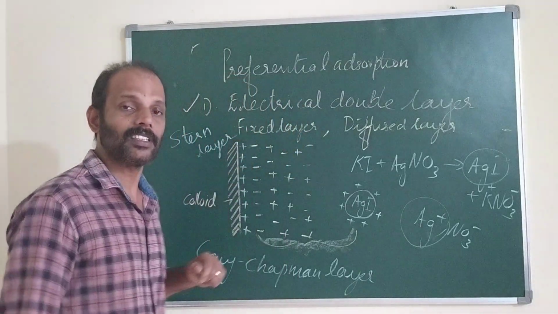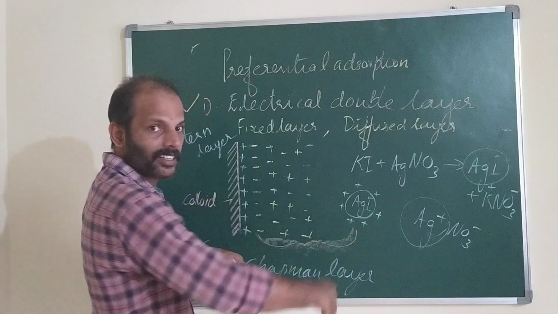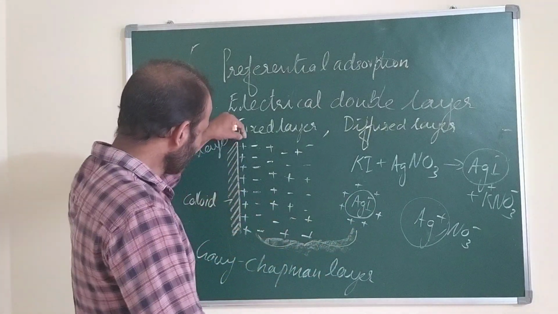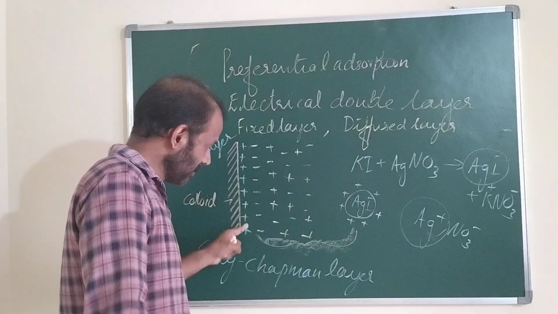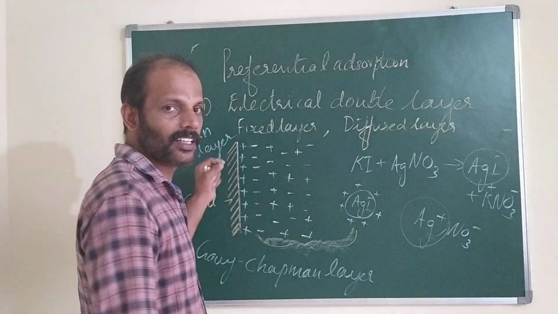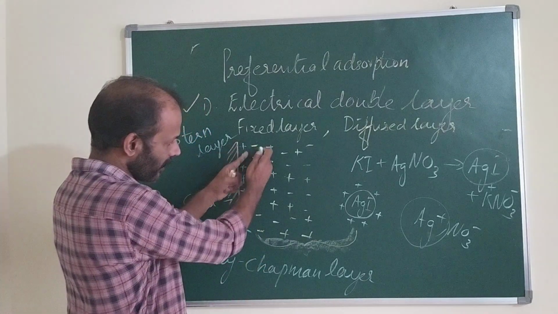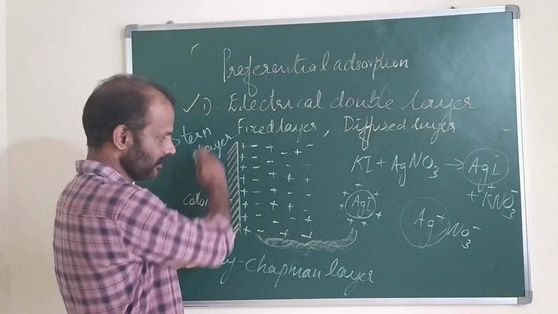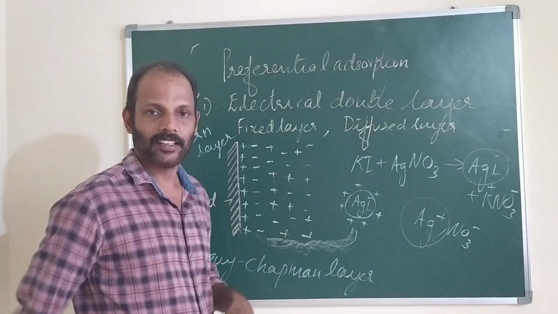We are very familiar with the Gouy-Chapman layer, that is, the diffuse layer. And the layer immediate to the fixed layer on the surface is known as the Stern layer, and the remaining layer is known as the Gouy-Chapman layer.